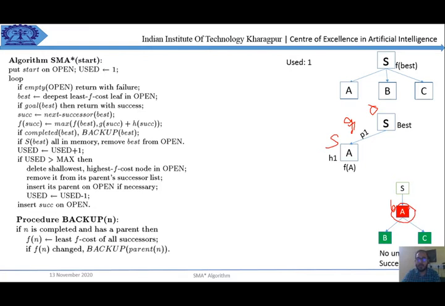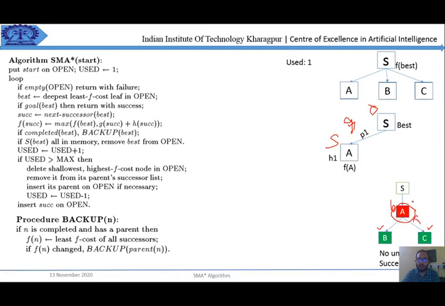Then it will call a procedure called backup. But in this case, there are two more nodes left, so I will not execute this backup procedure. But if the backup procedure were executed, I would find the least cost between the successors, the f cost of B and C, take the lesser one and update it as the f value of A.